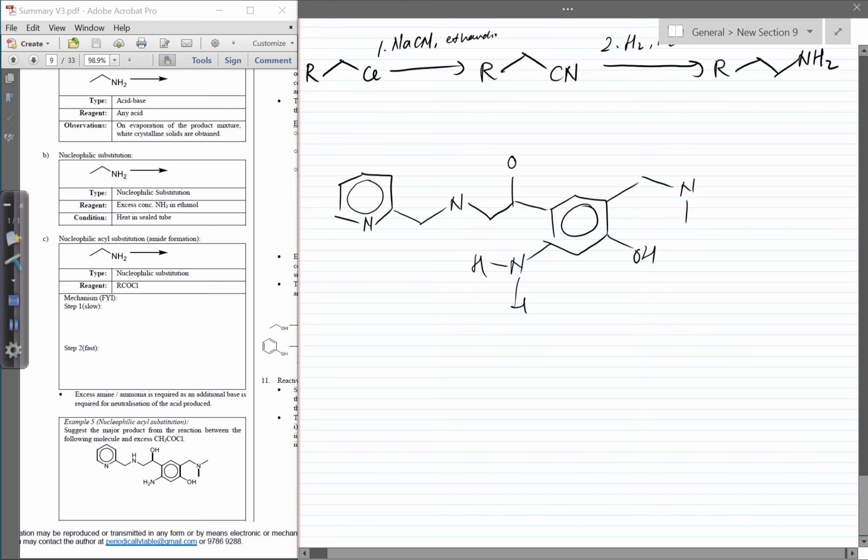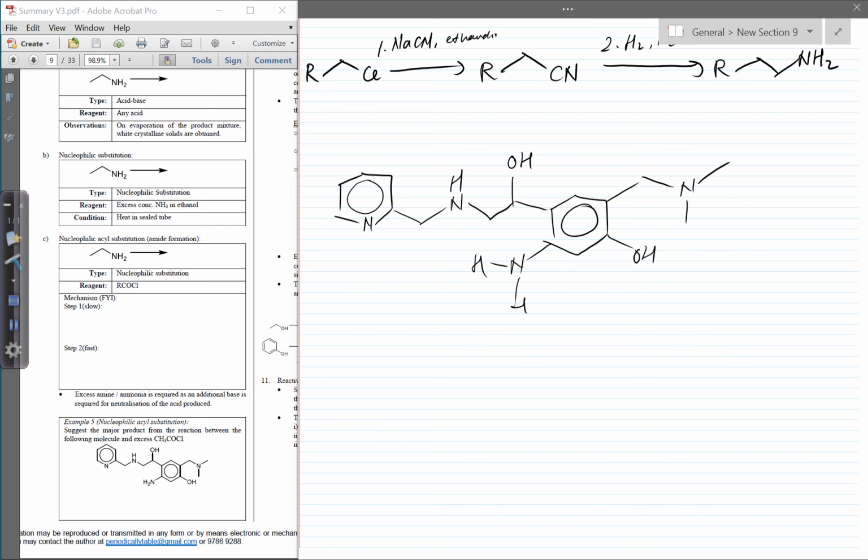So which groups will react? Does it react with the left side nitrogen in the ring? Doesn't, right? What about the second one? Second nitrogen. Does it react?